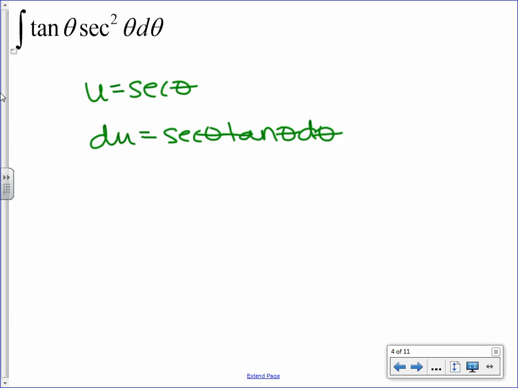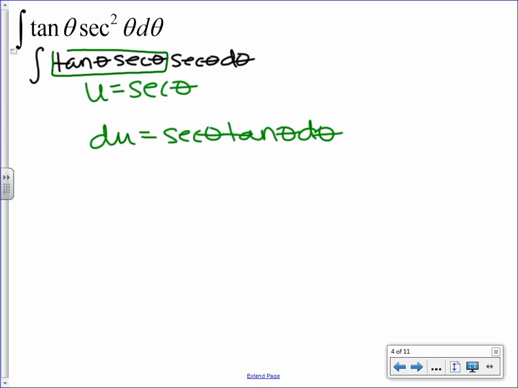I'm gonna rewrite this as tangent theta secant theta secant theta d theta, right? I just broke that up. We have tangent secant d theta, and that gets replaced with what? du. Left over is secant, which is u, right?